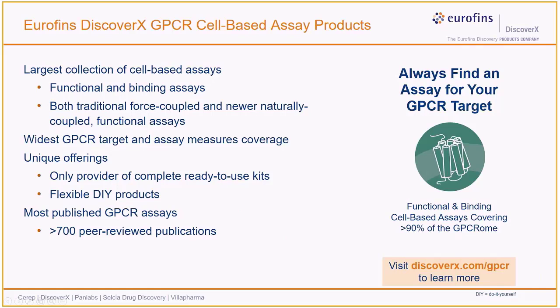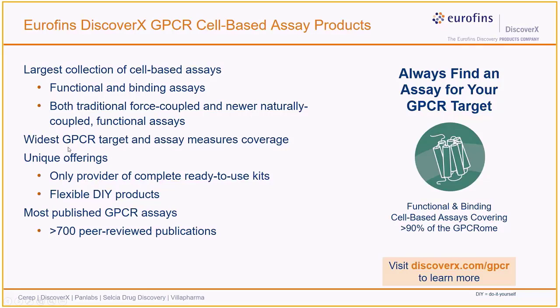So with that, I'd like to end by summarizing the video we went over, talking about all our different cell-based assays, the functional and binding ones. We talked about the different assays as far as traditional forced-coupled ones versus newer naturally coupled ones, based on our EFC technology.